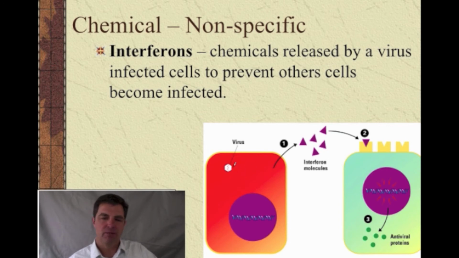Your body, for example, if you get infected by a virus, so in this case, let's say you have a cell of yours that's infected by a cold virus, this cell's pretty much a goner, because it's got the virus inside and there's very little it can do. But this cell can produce interferons. And interferons are like signal molecules that will travel over and will bind to your healthy cells and signal that there is this virus floating around.